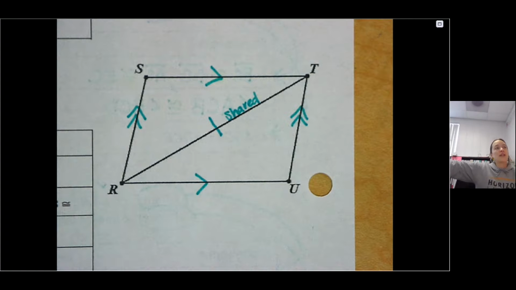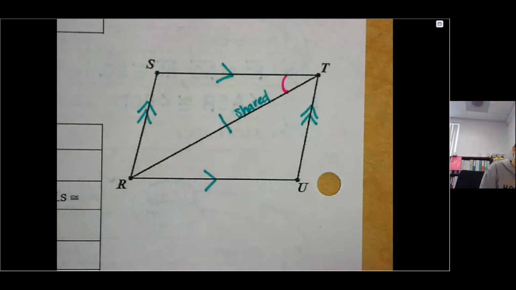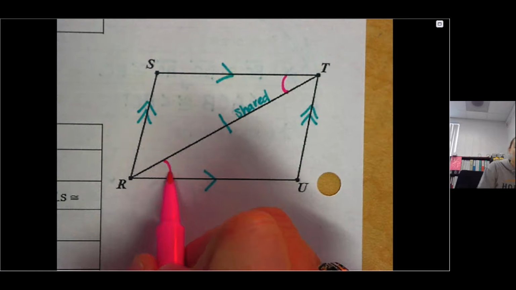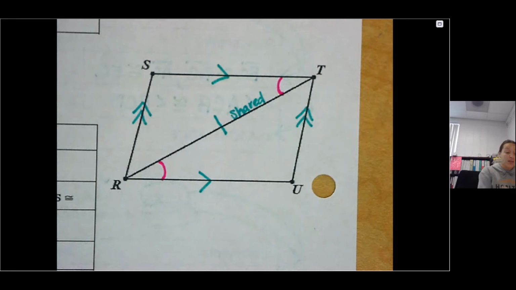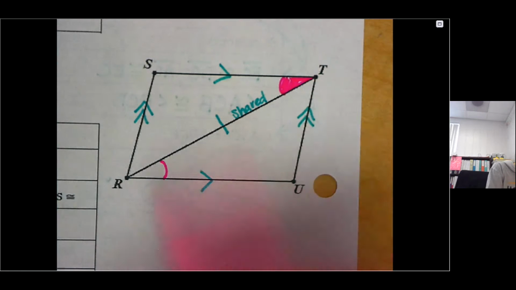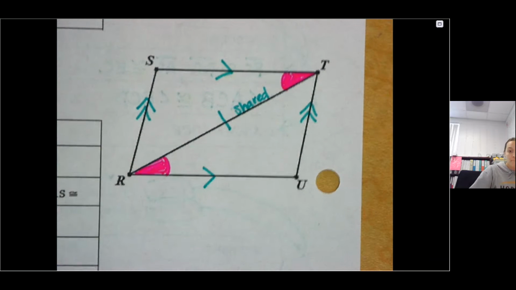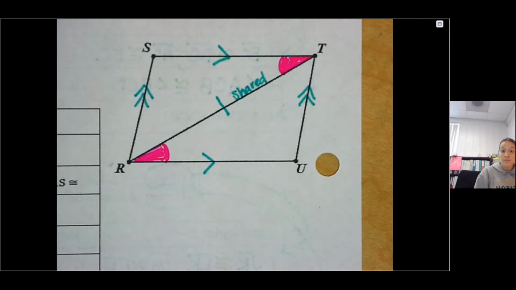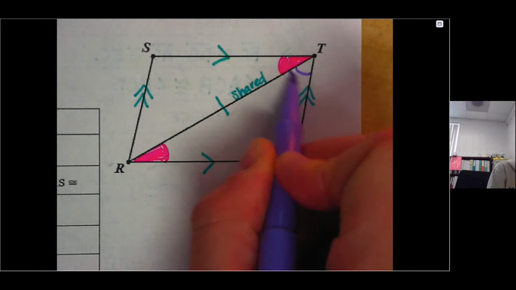Which ones are alternate interior angles? SPR is congruent to TRU. Perfect. That's 1 pair. So pause there. That's 1 set. Okay. Now what's the next one? RTU is congruent to SR.